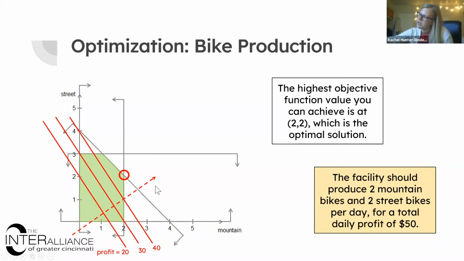And if you think kind of at an angle here, the furthest we can move in this direction is actually out here at this point. If you continued to draw these red lines in this direction, your highest one would hit at that point. Does that make sense?